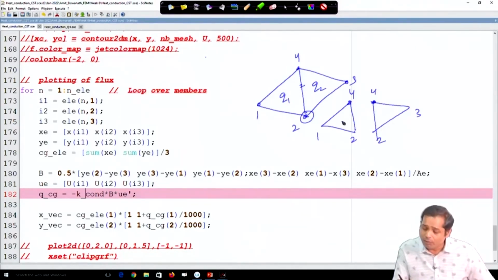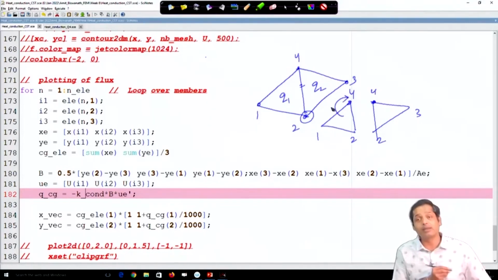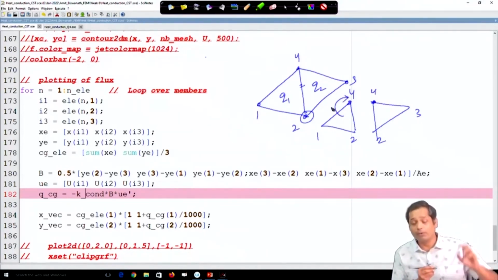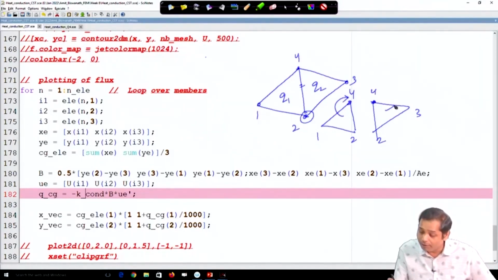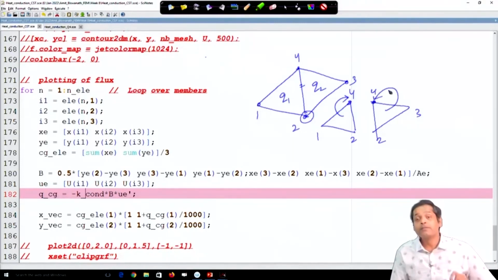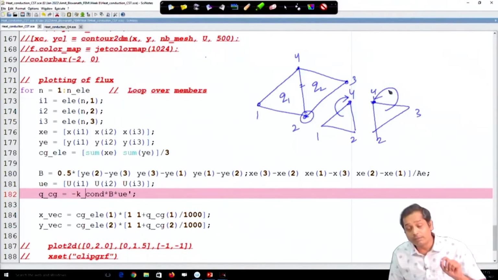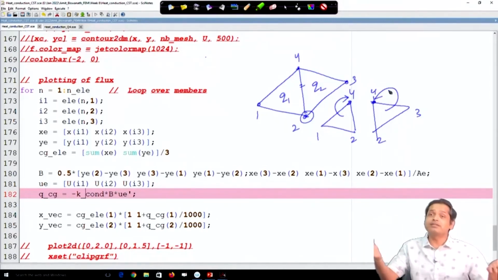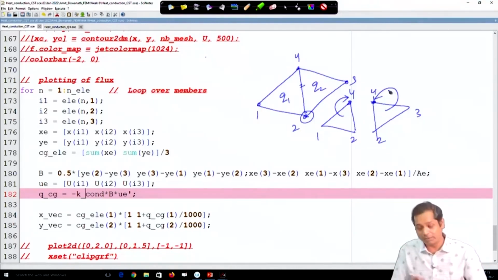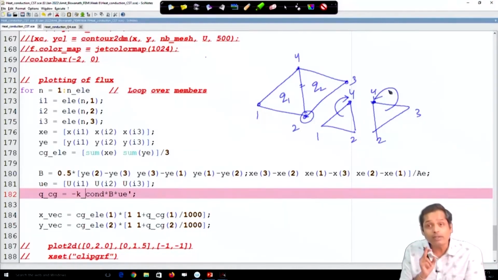From element number 1, if we calculate the flux term at node number 4, we will have a value, and from element number 2, at the same node, we get a different value, because there is no continuity of the derivative maintained in the approximation. So we will not calculate it there.